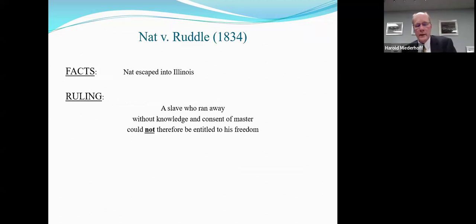Another distinction is this 1834 case, Nat versus Ruddle. He actually escaped from his master and ran off into Illinois. Apparently, he was brought back to Missouri and sued for his freedom because he had been in the state of Illinois, a free state. But the court ruled that the court has to look at the intent and the conduct of the master.